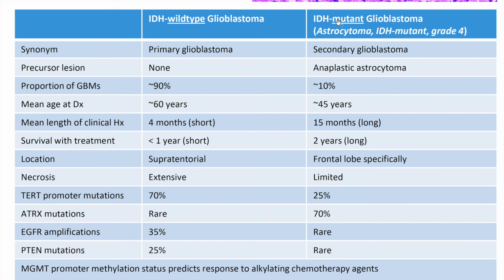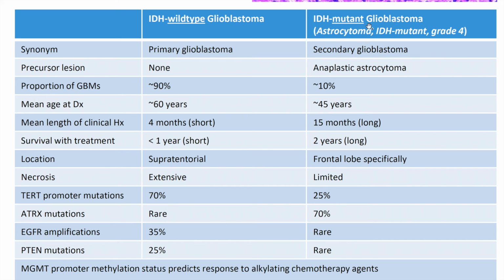Typically IDH mutant glioblastomas, interestingly, occur specifically in the frontal lobe, and there may be limited necrosis, unlike IDH wild type GBMs, which have extensive necrosis. And then clearly the molecular profiles, by definition IDH wild type and IDH mutant, are going to be different. So for IDH wild type GBMs, 70% of those have TERT promoter mutations with rare ATRX mutations, about 35% have EGFR amplifications, and 25% have PTEN mutations.